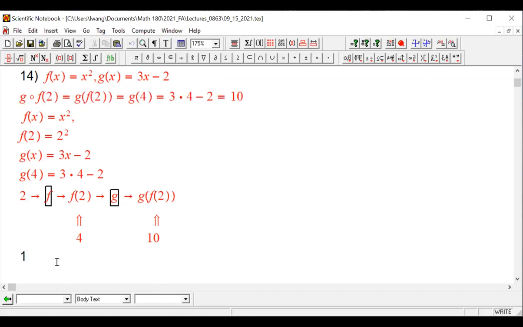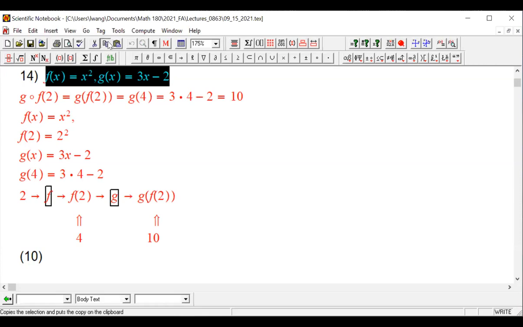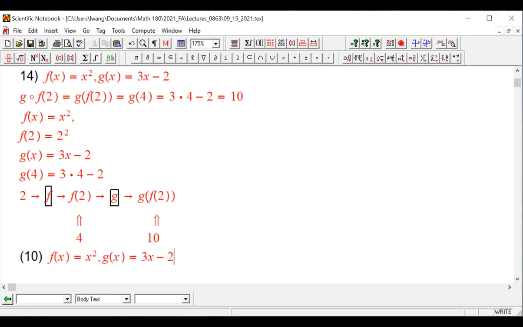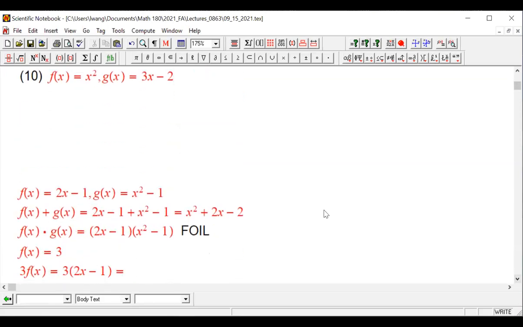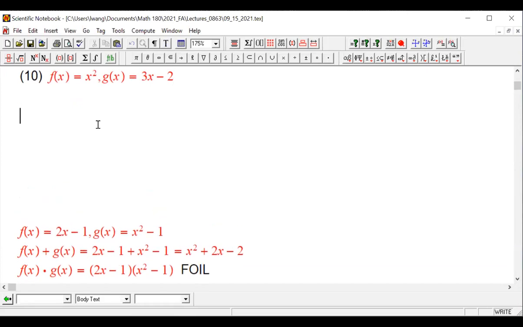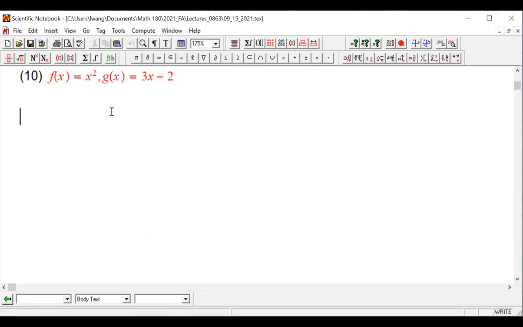Okay, 10, division, right? So we have these two functions still. I just bring them with us, for my convenience of illustration. Number 10, what we have here is division: F divided by G of 2.